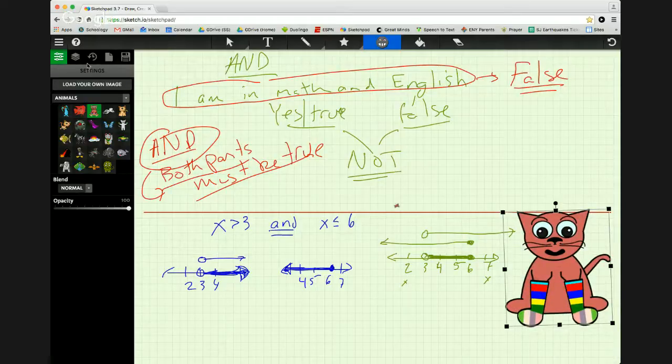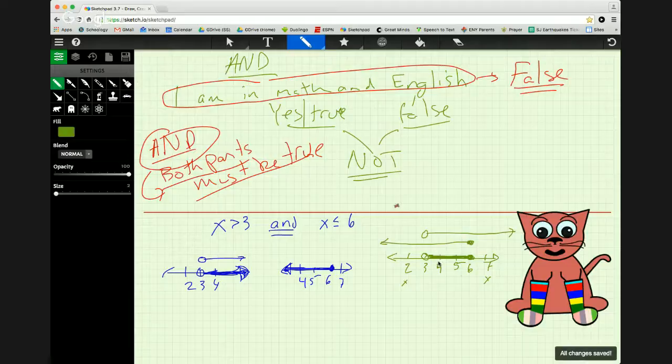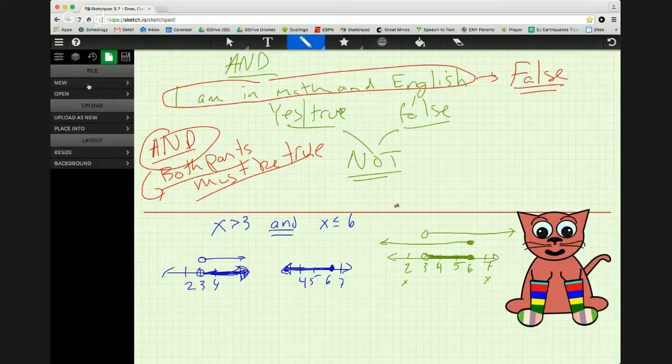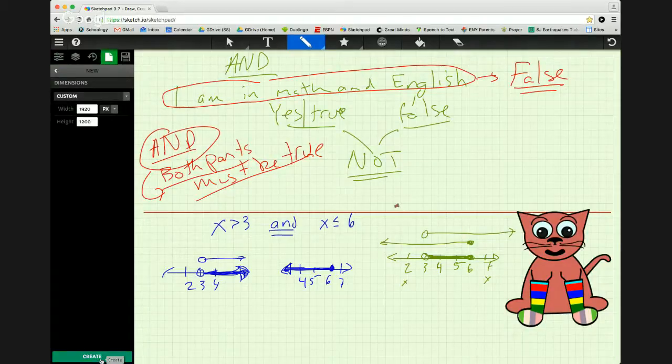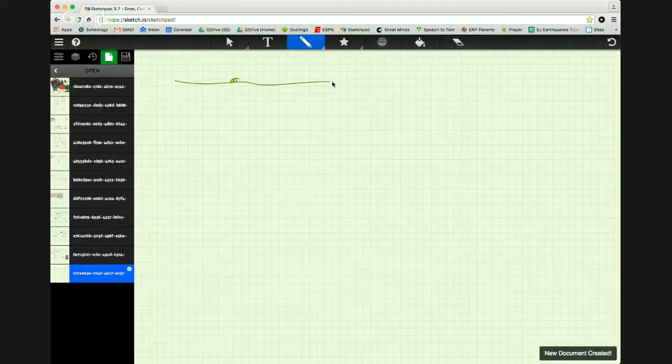Good. All right. Let's do one more and where you don't have this bar pattern. Remember, we just did an and, and we have this bar pattern here. 3, 4, 5, 6, 7, 8, 2, 1.